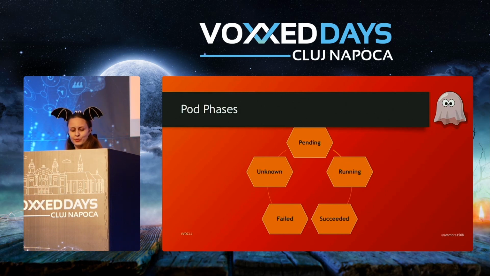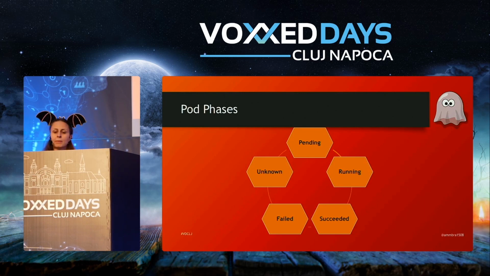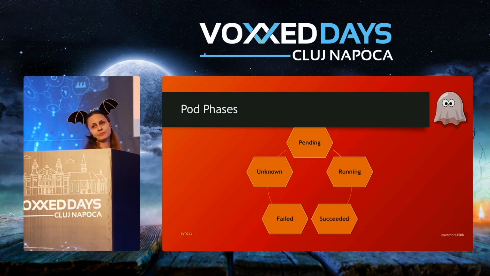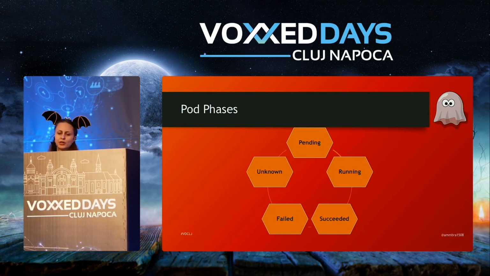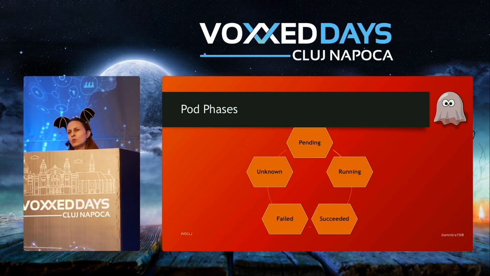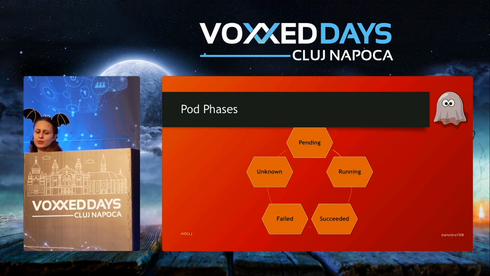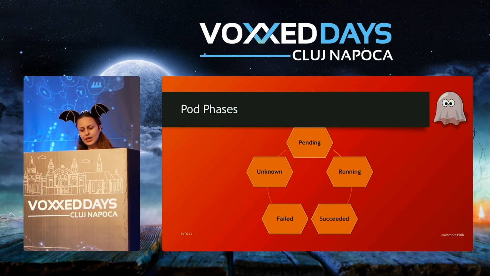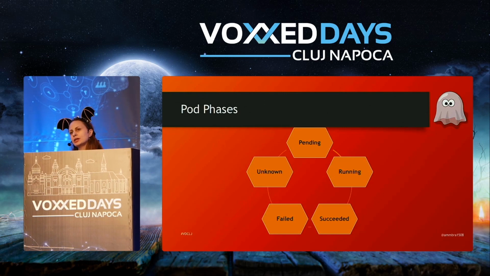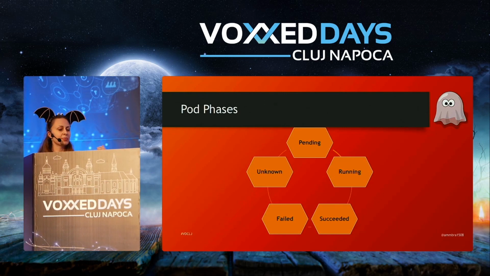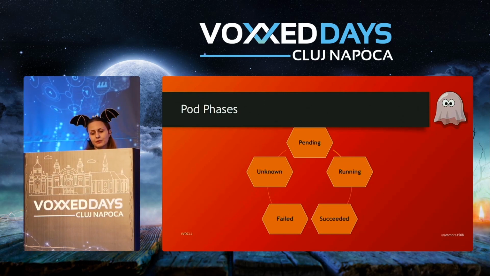What a pending pod means is that Kubernetes is accepting that pod, but the containers are not yet created. There are a few reasons why. If you have a large image, it's going to take a while for that image to be downloaded and started. Also, if you have a long-running process when you're starting your application, again, you're going to see pending for more time.